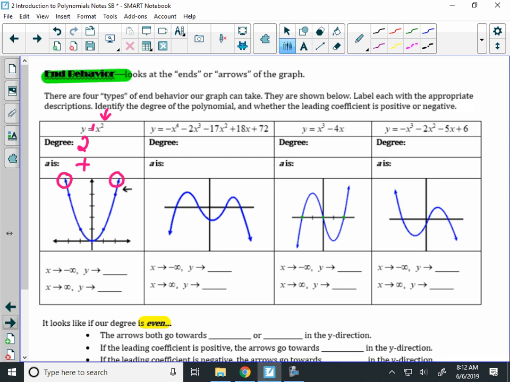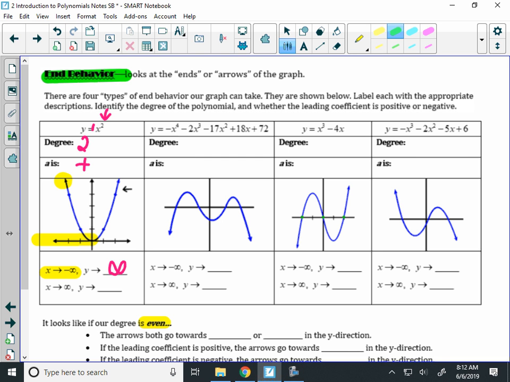So when we do this formal end behavior notation, ask your teacher if you need a little help with this. I'm going to help you walk through trying to interpret it. This means as x goes to negative infinity, so as the x axis goes to the left, the y values, your arrow, looks like it's going up. It's pointing towards the sky. That means it's going up towards positive infinity.